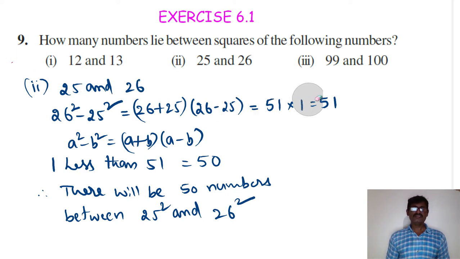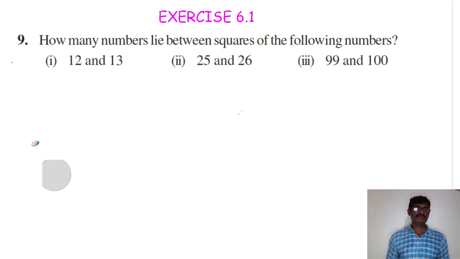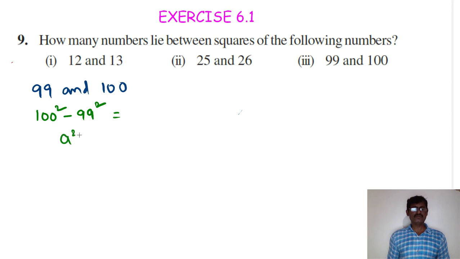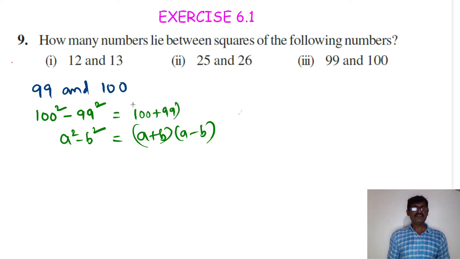Now let us go to the third problem. 99 and 100. So we need to take 100 square minus 99 square. As I told earlier, we can use a square minus b square, that is equal to a plus b times a minus b. So 100 square minus 99 square equals 100 plus 99 into 100 minus 99, which is 199 into 1, which is equal to 199.